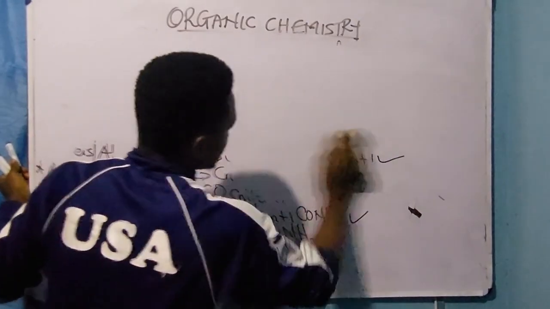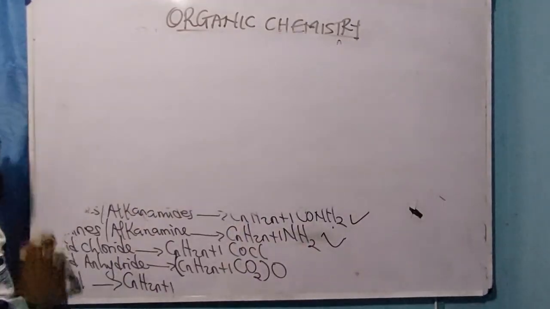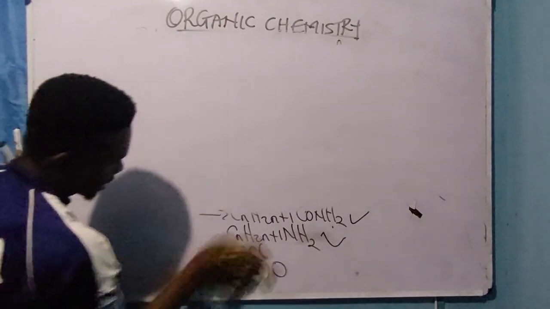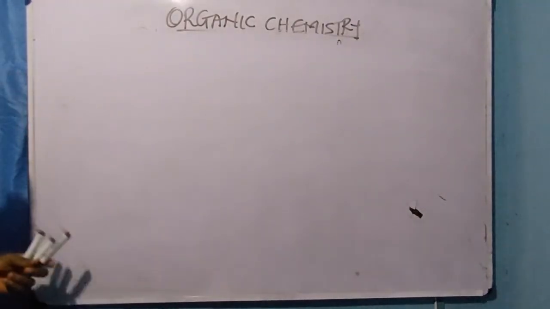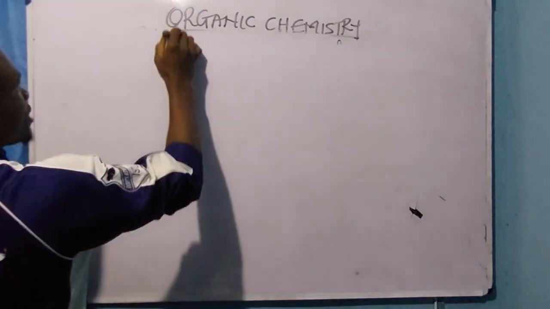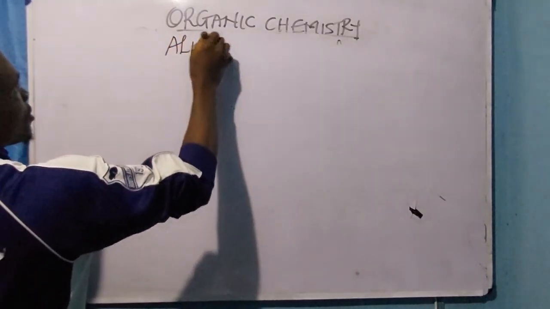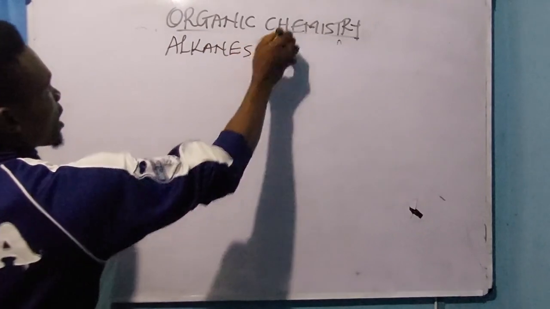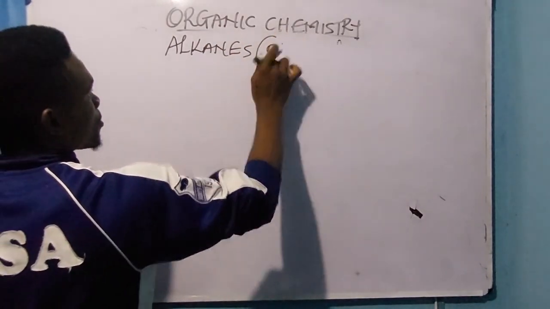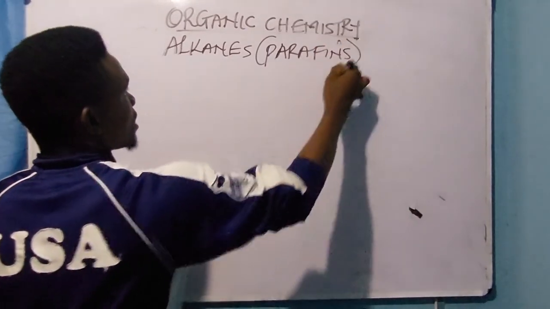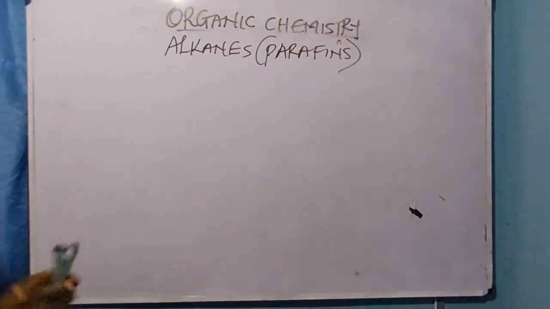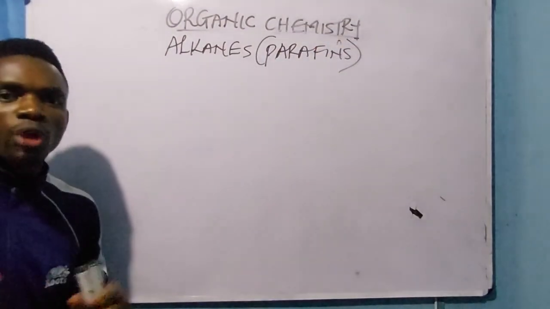Alkane. Now what do we know about the alkanes? Alkanes are otherwise called what? Paraffins. And they are almost inert in form because they do not have what?